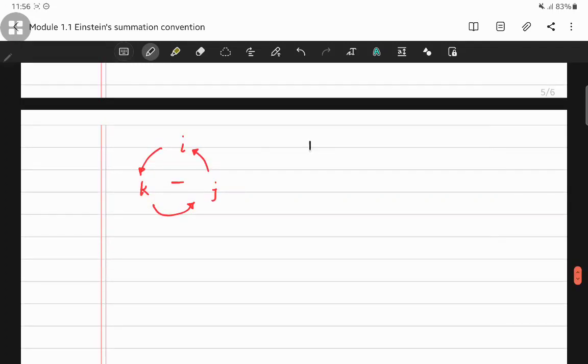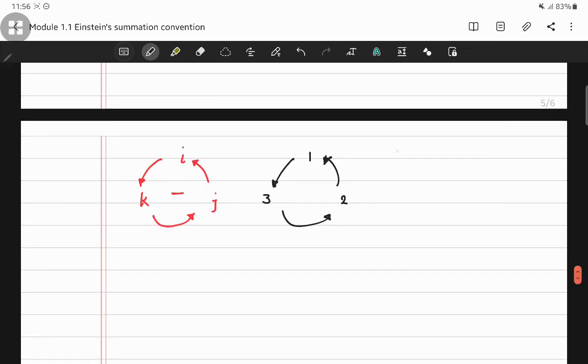So let's say you have 1, 2, and this is 3. These are in a clockwise direction. So if you say, for example, 3, 2, 1, it is minus 1. 1, 3, 2 is minus 1. 2, 1, 3 is minus 1.